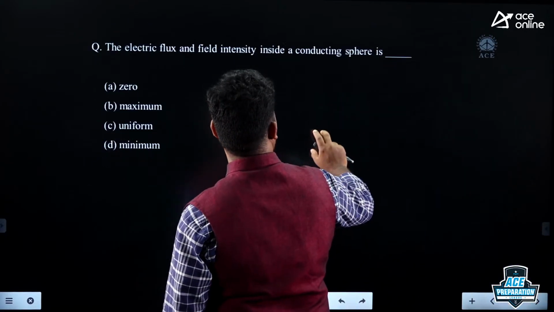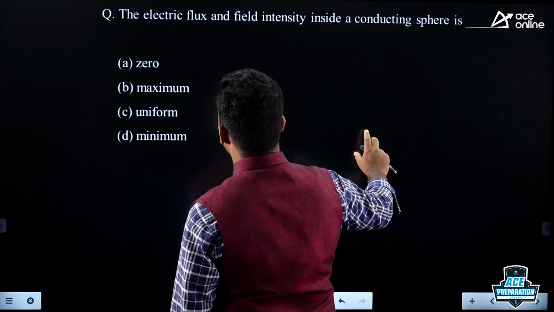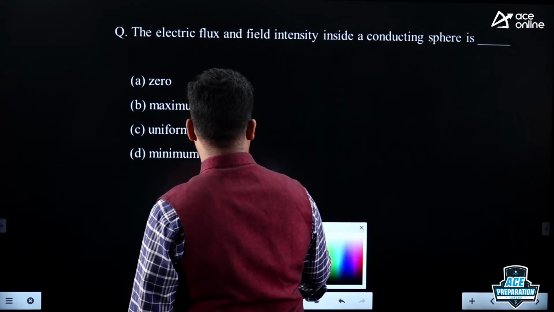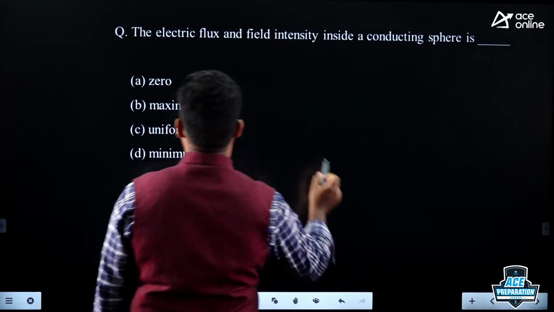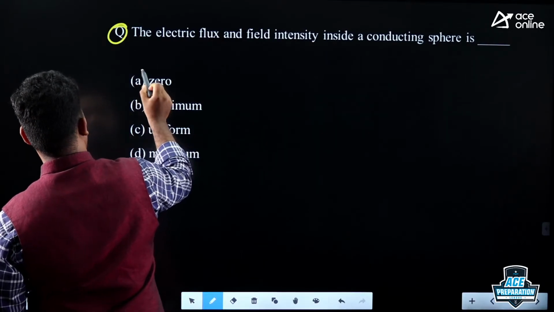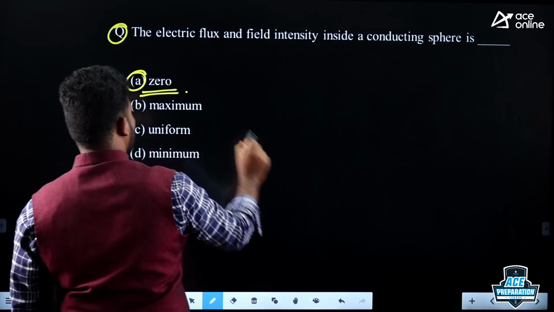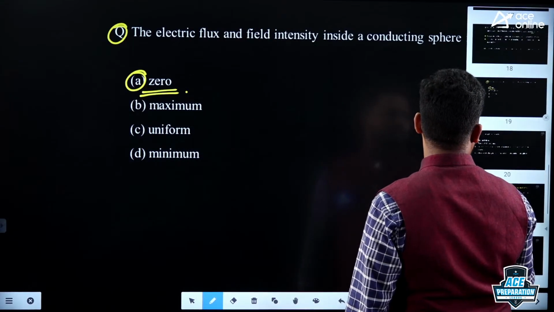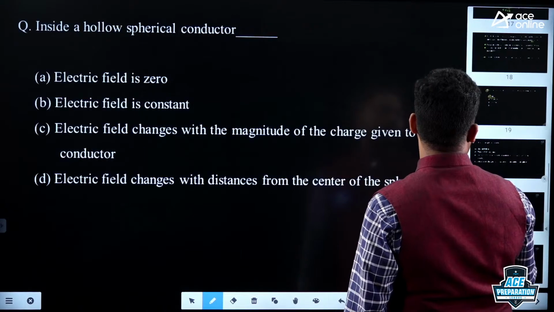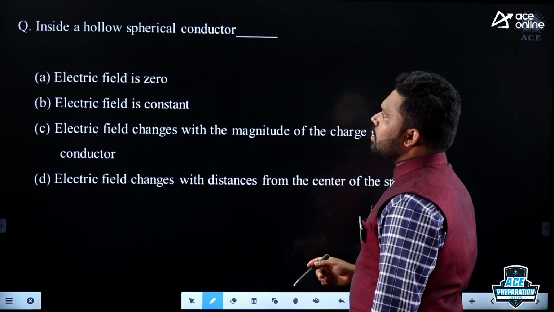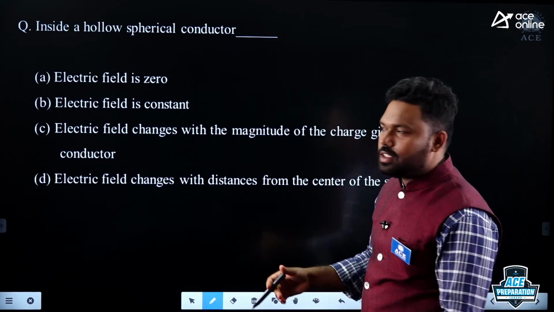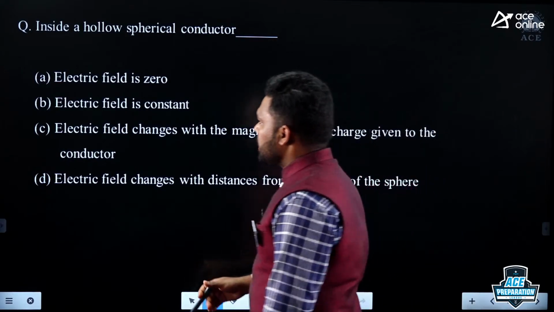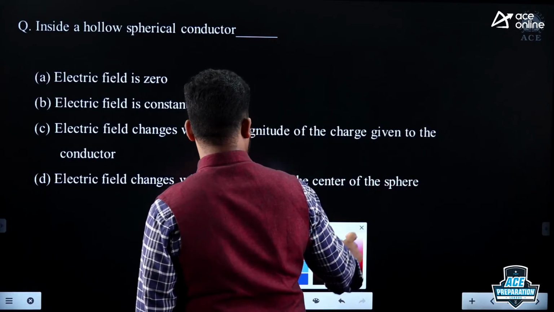It is 0. Inside the conducting sphere, the electric field is 0, whether it is a hollow conductor or a solid conductor. Directly you can answer, 0 is the answer. Let us have one more question. Inside a hollow spherical conductor, electric field is 0. Direct answer.